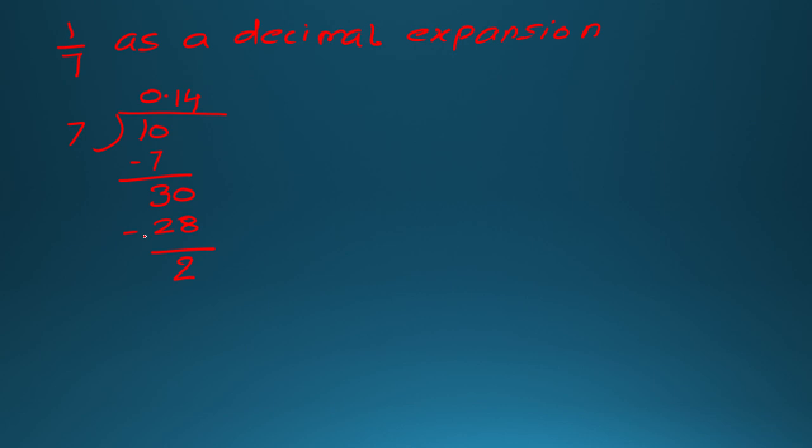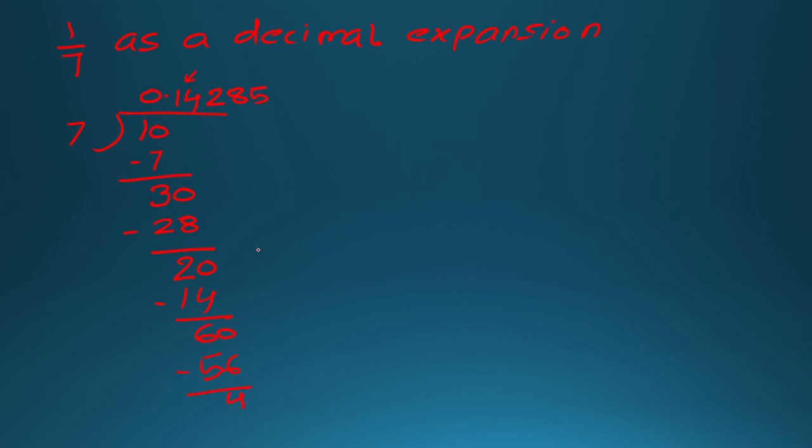Till when are we going to continue this division process? Till we get either a terminating decimal or the same pattern again. We started with 1, so unless we get 1 again as a remainder, you will continue. Now this is 0, 7 times 2 is 14, so the remainder is 6, again 0, 7 times 8 is 56, then minus, 4.